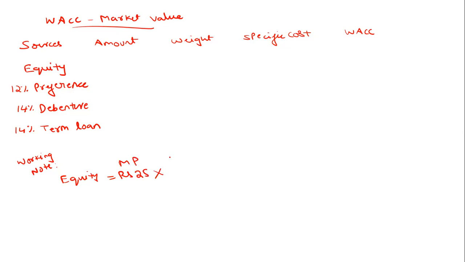This is the market price. Now how many shares are there? 10,000 shares for equity capital, 10 lakh. What is the answer? 25 lakh. 10 lakh shares already exist, so at ₹25 it becomes 2 crore 50 lakh. How many zeros? Six zeros. You must be very careful. How many lakhs is it? 250 lakhs. Very good. That is what you will write here for the amount: 250 lakhs.